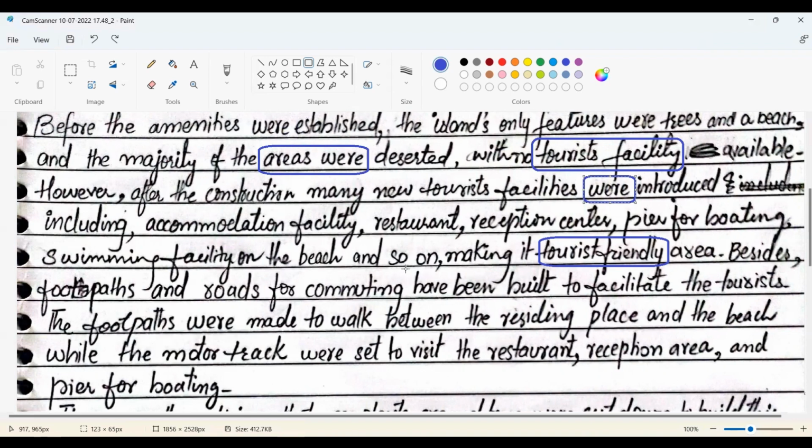In this sentence you have said have been, so it should be had been, or rather it should be were built. Okay. Were built. Footpaths and roads for commuting were built to facilitate the tourists.